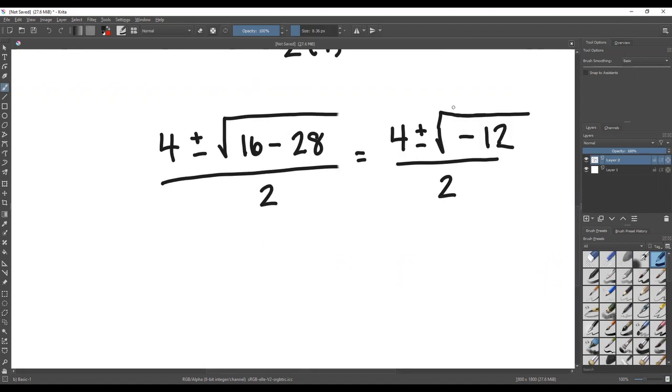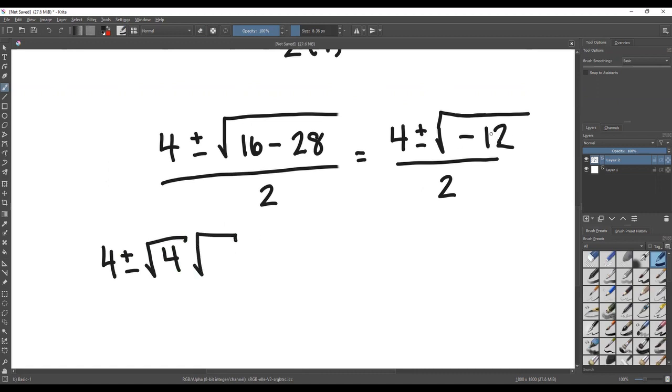There's a way to simplify this even further. And that is, is there a factor of -12 that is a perfect square? There is. 4. So we'll take the 4 plus or minus the square root. We'll take the 4, the square root of 4 out.